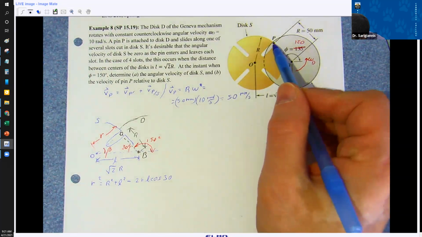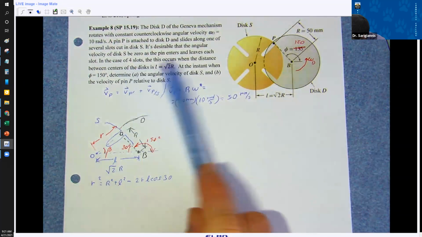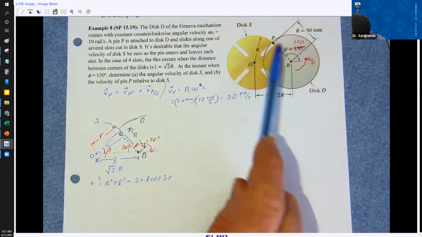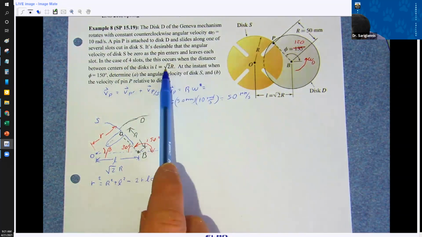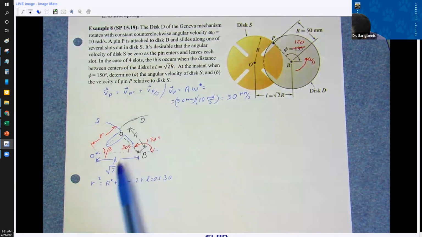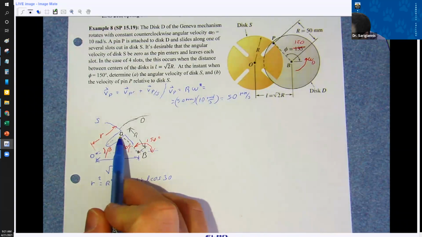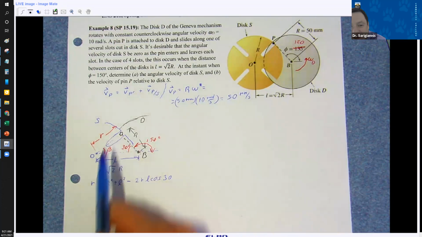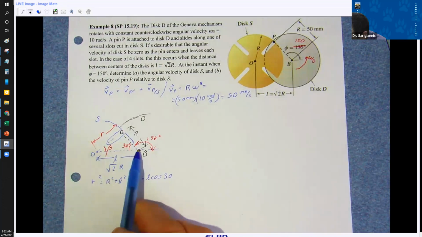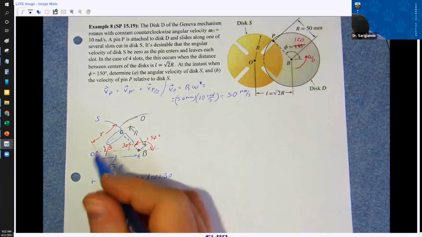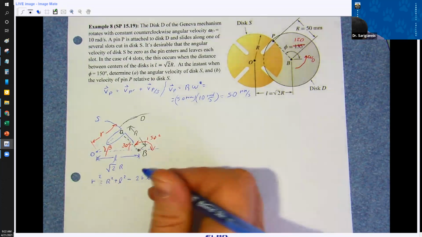We don't know that this is a 90-degree angle, even though I'm sure you're tempted to say so. All we're told is the information with this distance and this distance, when the pin enters and leaves, at the distance between centers L. So this is that instant right here. I'm using the law of cosines because I know this distance, this distance, and this angle. Oh, this is supposed to be a big R.